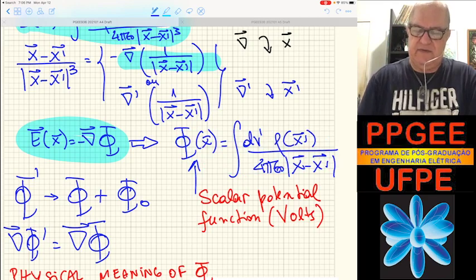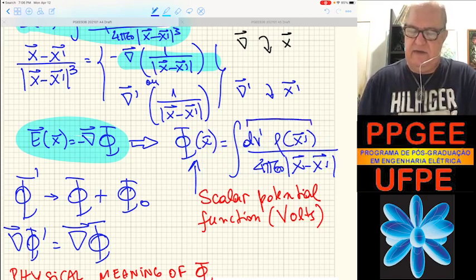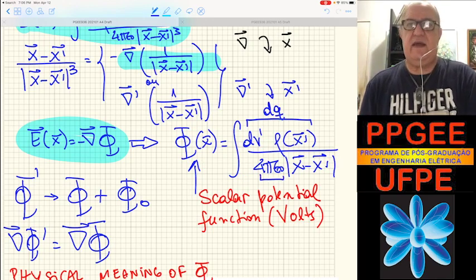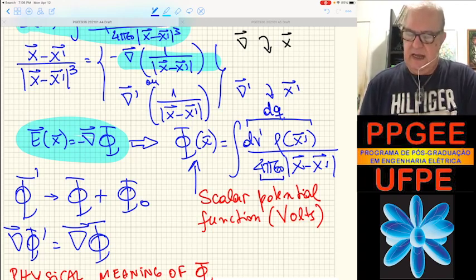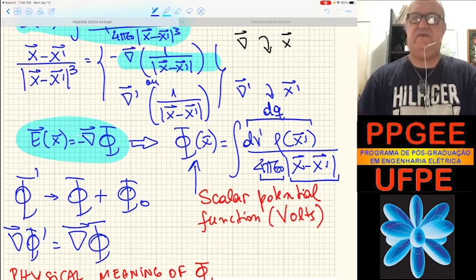This is the amount of charge, the differential charge in volume V prime, dq, divided by the constant that we have in our formulation, 4 pi epsilon 0, and the magnitude of the difference vector.